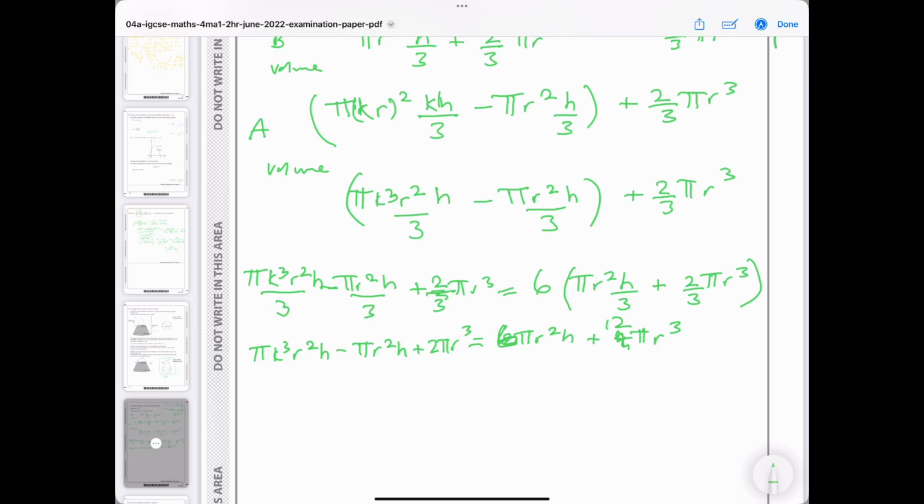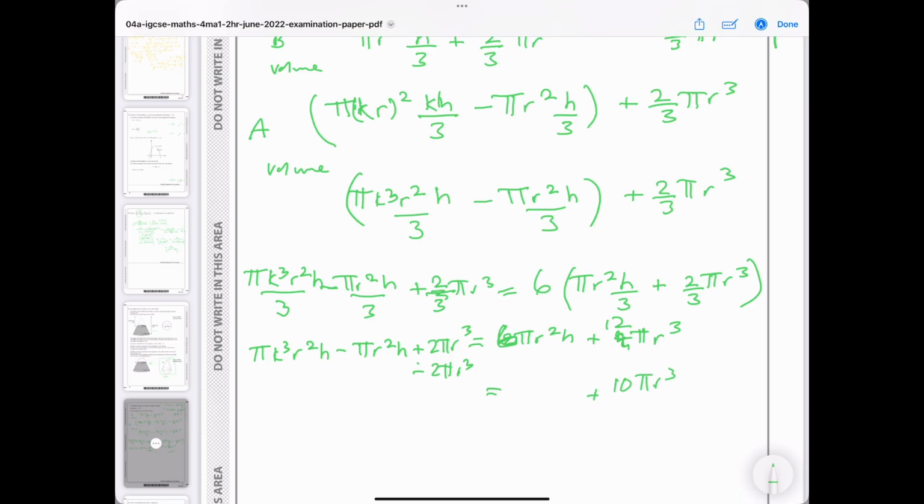Now I might take 2 pi r cubed off this side, so that means I've got 10 pi r cubed over here.